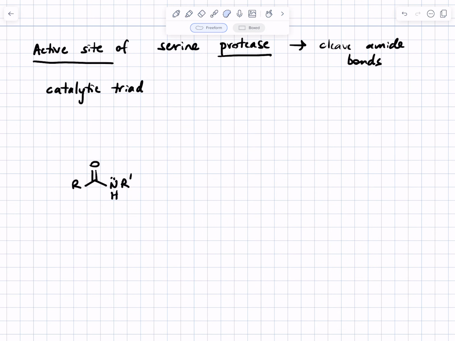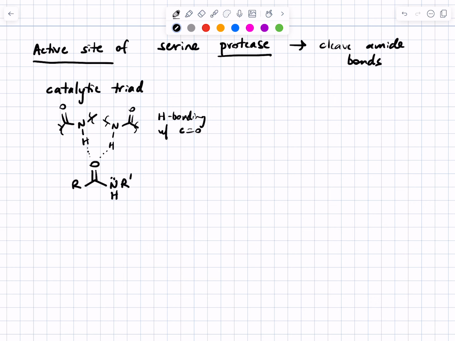Not part of the catalytic triad, but really important, are a couple of amide bonds from amino acids that we don't need to necessarily worry about which ones they are. So I'm just drawing a couple of amide bonds, and those are hydrogen bonding with the carbonyl oxygen.